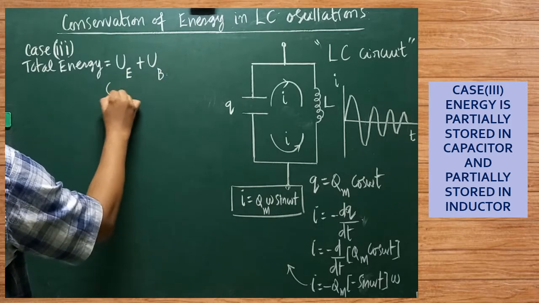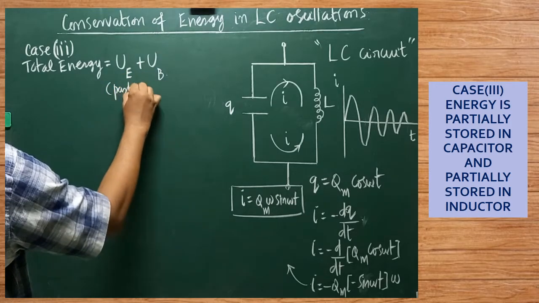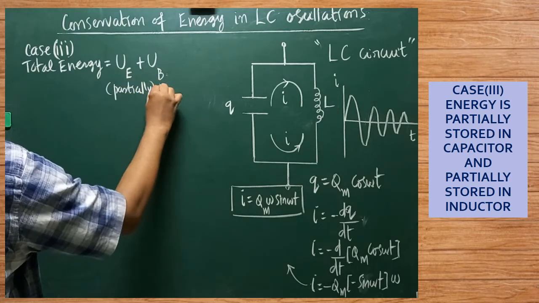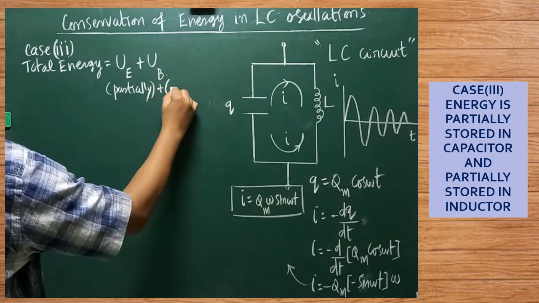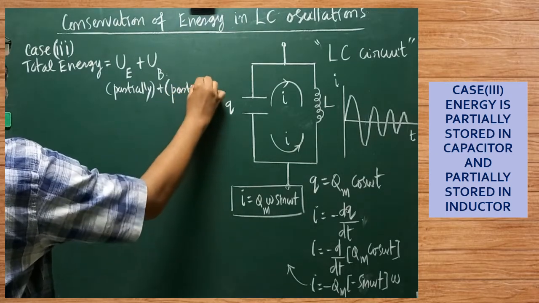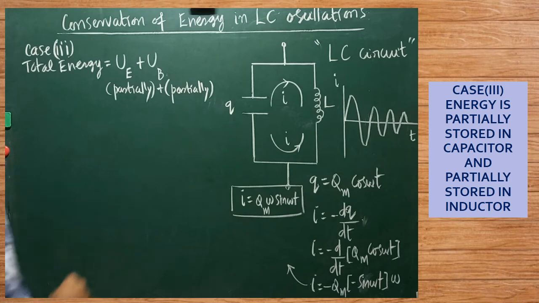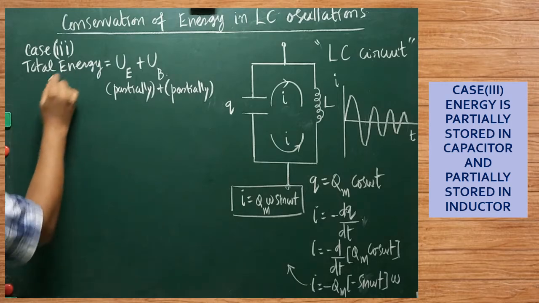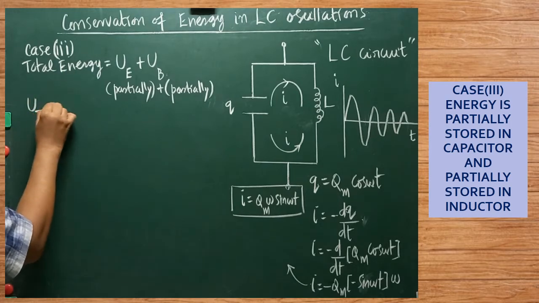So both are partially stored. Some amount of electrical energy may be there, and some amount of magnetic energy will also be there. Therefore, it should be called partially electrical and partially magnetic. If both are added, you will get the total energy. So here the total energy is the sum of these two.